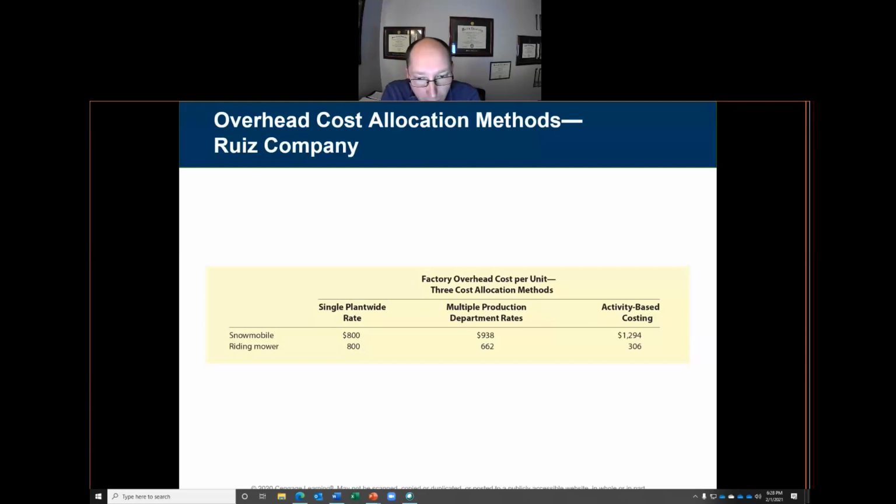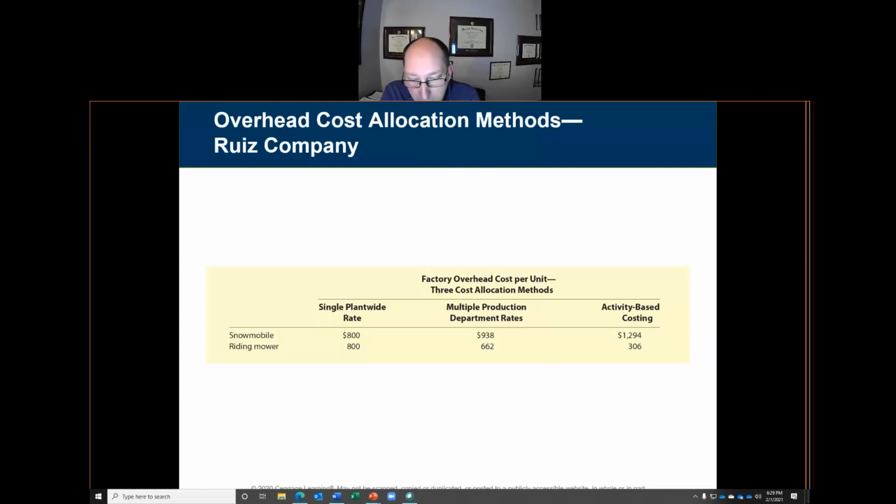And so what we see in front of us is this. $800 single plant-wide rate. For multiple production department rates, $938 and $662. We're over by 138 and under by 138. Then we get down to activity-based costing, and it's very, very specific: snowmobiles, $1,294 per unit and $306 per unit for the riding lawnmowers.